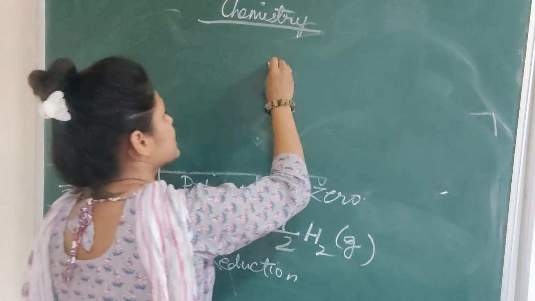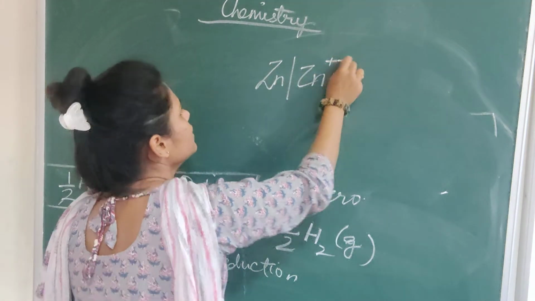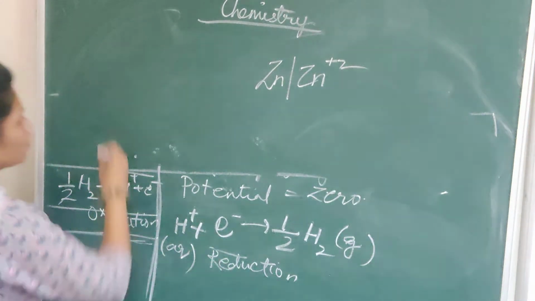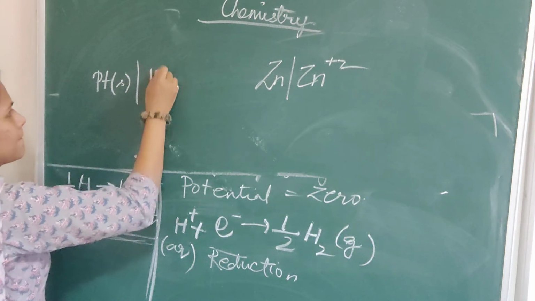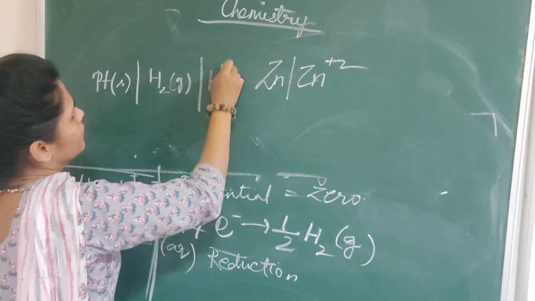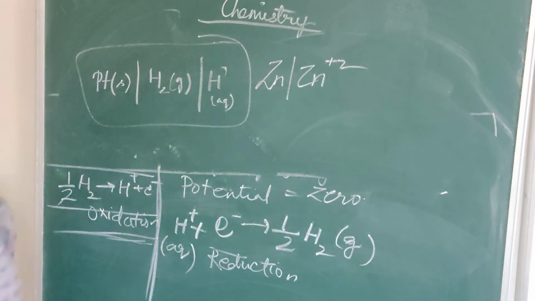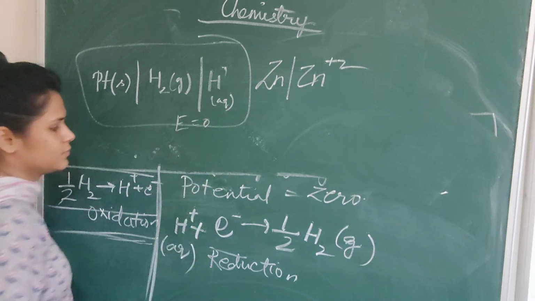How do you represent this? Like we were used to representing our cells like this, na? How do we represent SHE? Reactions are this, but how we represent it is as this. In this way it is represented, and इसकी value of E is always 0.